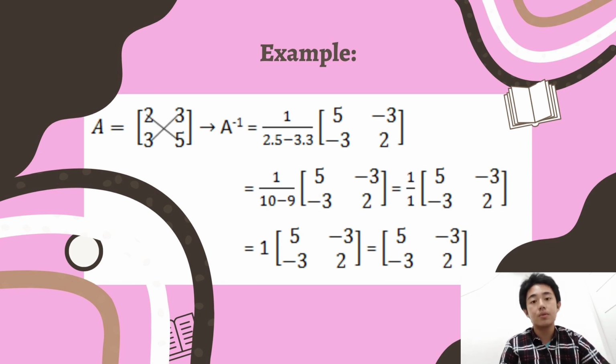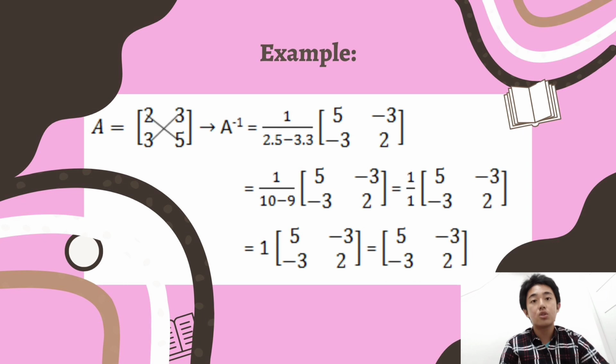So we're just going to input the numbers into the formula my friends explained earlier. So it is 1 over 2 times 5 minus 3 times 3. Then the matrix becomes 5, negative 3, negative 3, and 2.